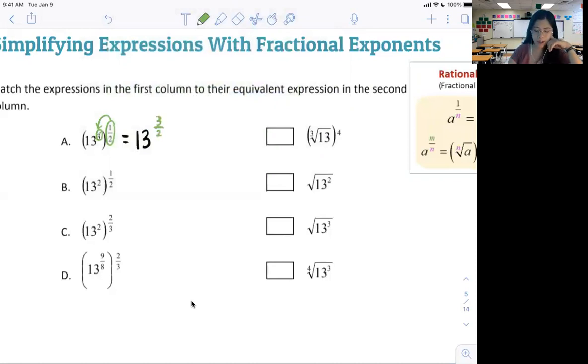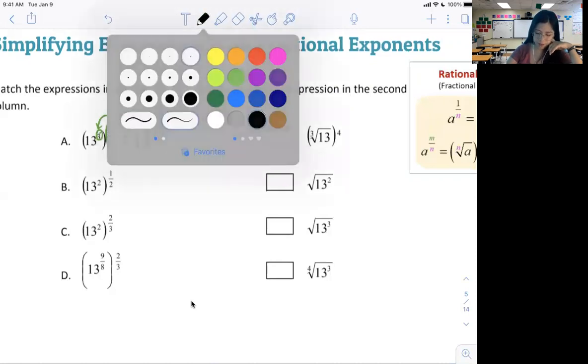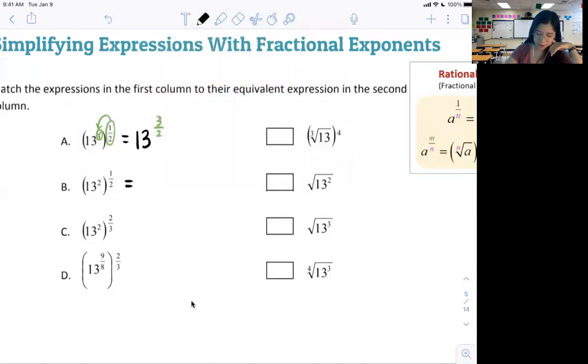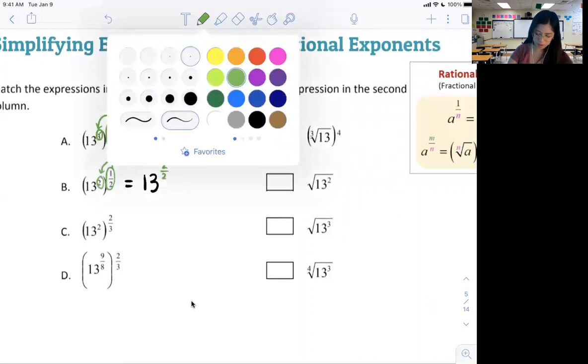And then I'm going to keep doing that all the way down. So for B, I got to multiply again. What do I get here? 2 times 1/2. 1 or 2/2. Good. 2/2 or just 1. I'm going to write it as 2/2. Okay.